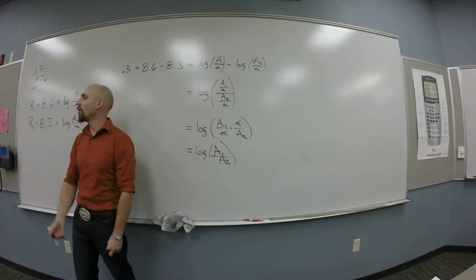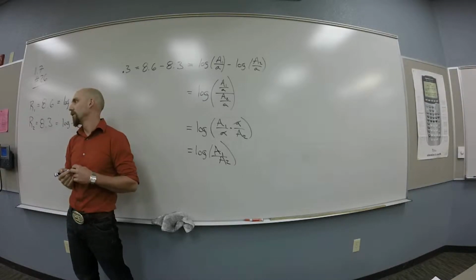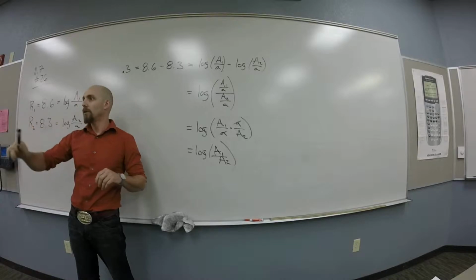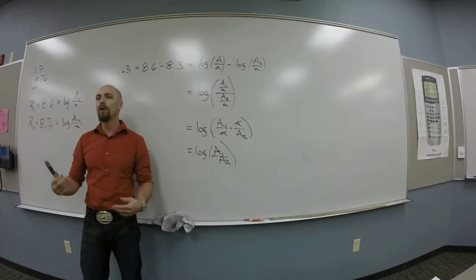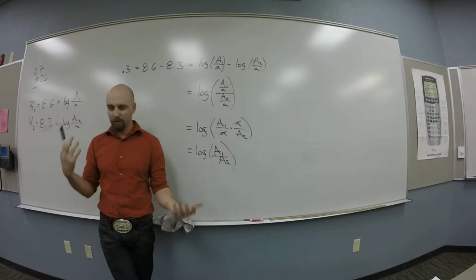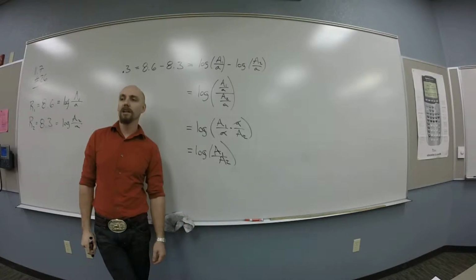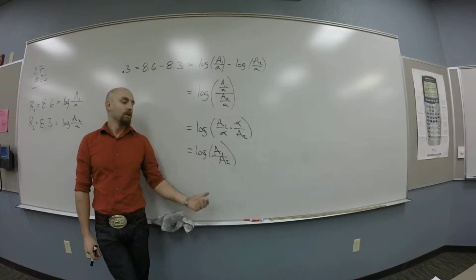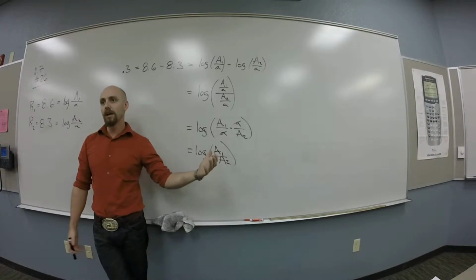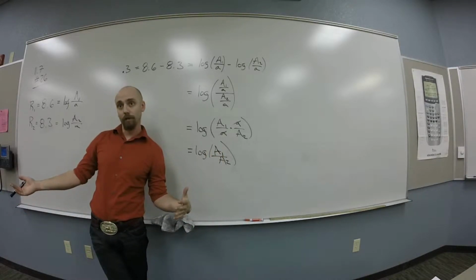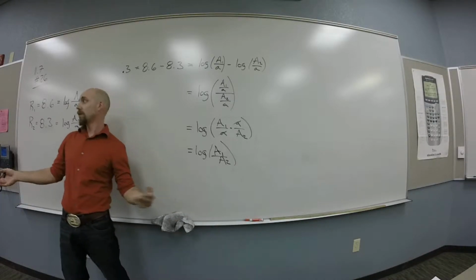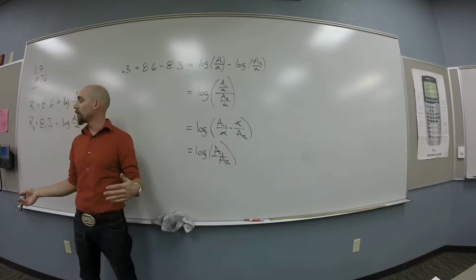Okay, what's A1 over A2? What does that mean in terms of the physical reality of Earth shaking? A lot. What's A1? That's how much things shook for the first earthquake, right? A2 is how much things shook for the second earthquake.